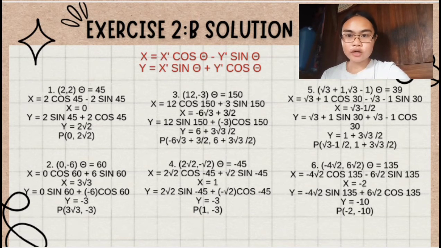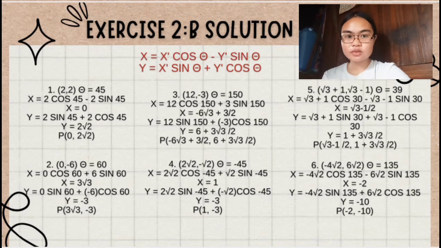And for number 4, the given P dash is 2 square root of 2 and negative square root of 2. And the given theta is negative 45. So x is equal to 2 square root of 2 cos negative 45 plus square root of 2 sine negative 45.